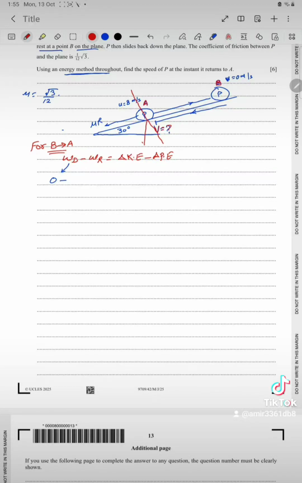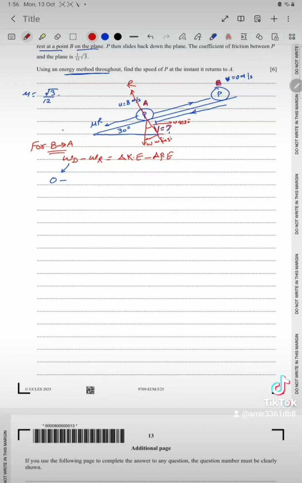So this is the weight component W sine 30, and here it will be W cos 30, which is equal to R, the contact force.